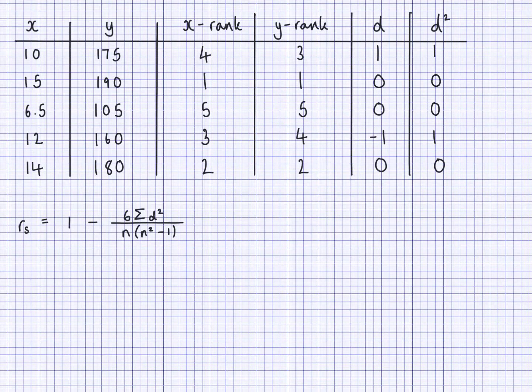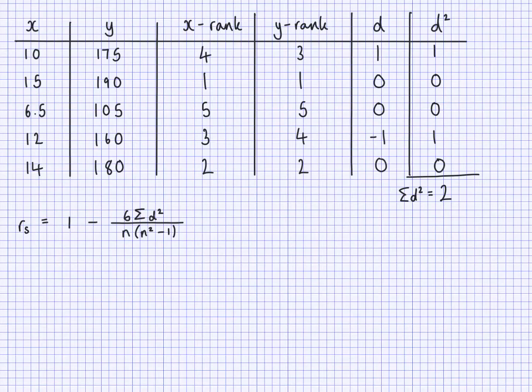Okay, so what I need to do now is find my values for d squared, and then the value for n as well, and substitute into the formula. So d squared, I've got the column here. Now I need to do the sum of d squared, so I need to add these up. So if I add them up, I've got 1, add 0, add 0, add 1, add 0. So that's going to be 2. Okay, so this 2 is actually equal to the sum of d squared.